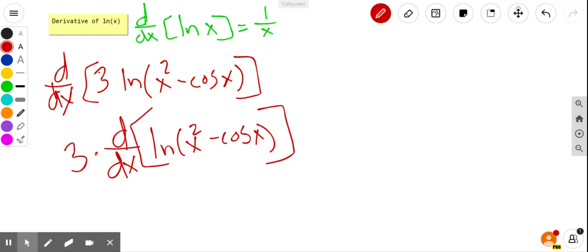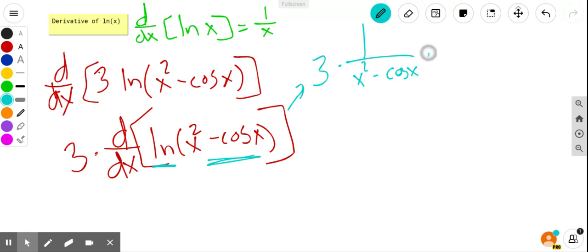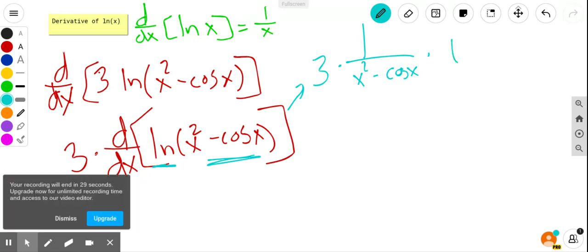And again, we have another chain rule on our hands. We have the outer function, then we have this inner function. So we'll have 3 times the derivative of the outer function, 1 over the inner function, times the derivative of the inner function.